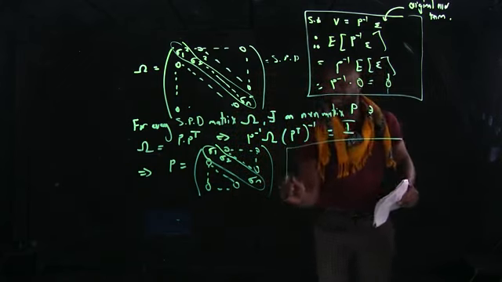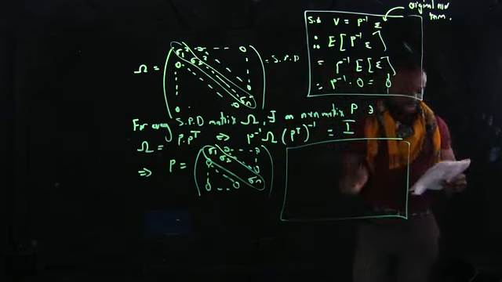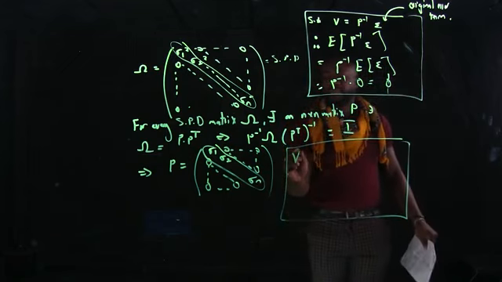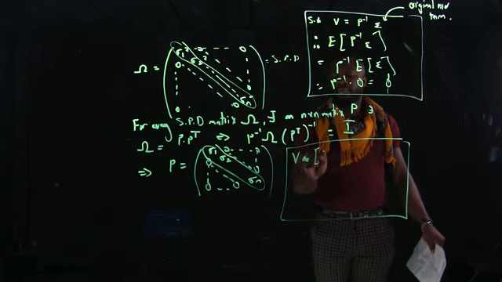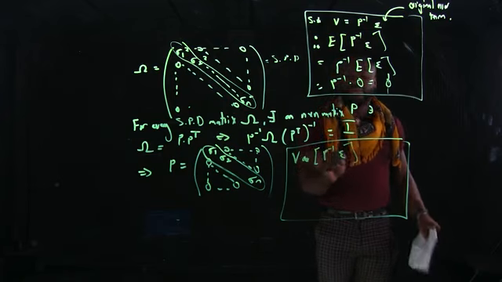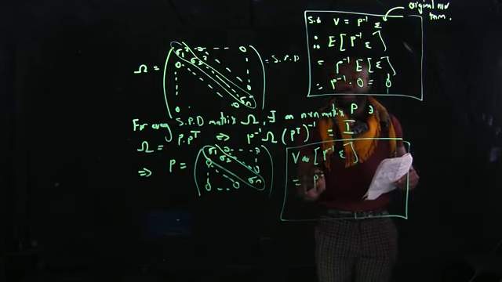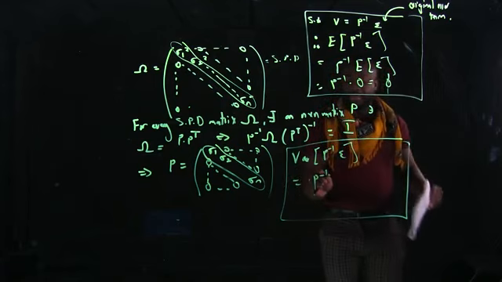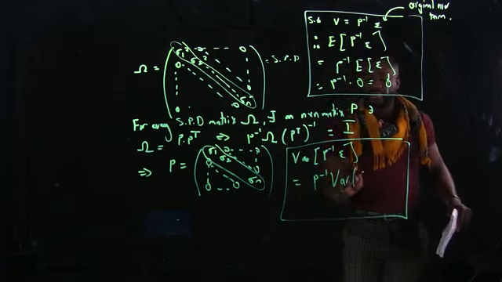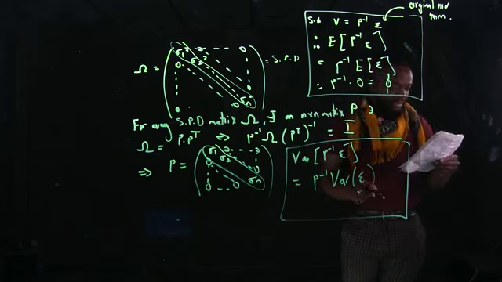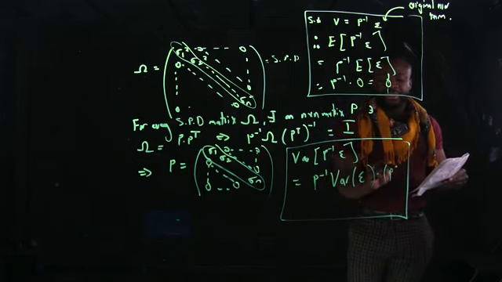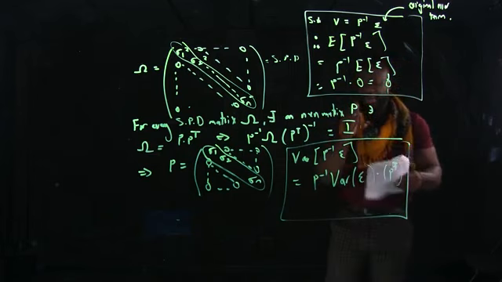So coming over here, we're going to say that the variance of P inverse omega is going to equal P inverse times the variance of omega multiplied by P transpose inverse.